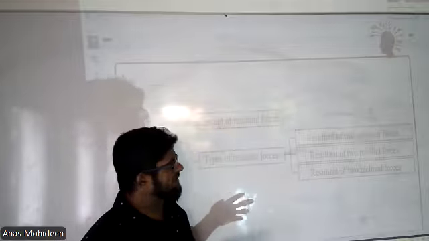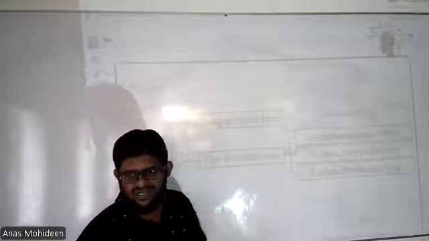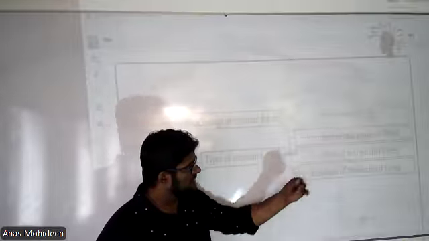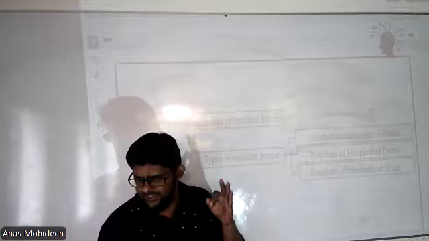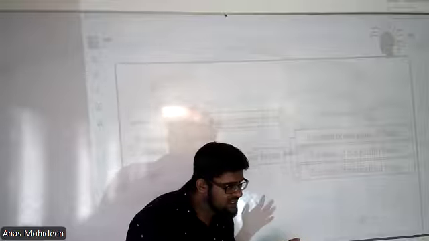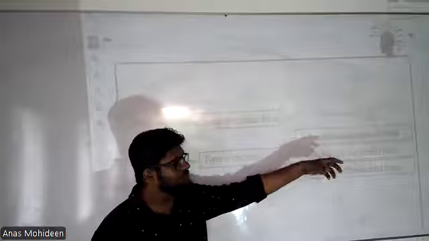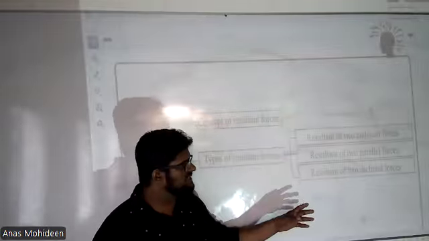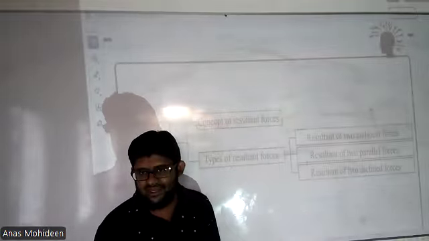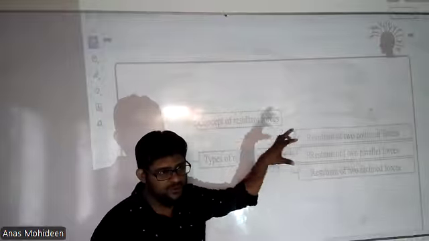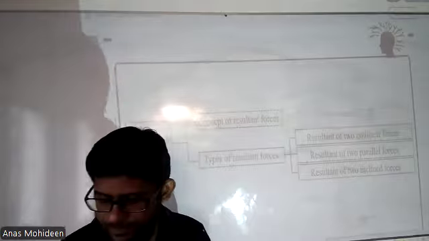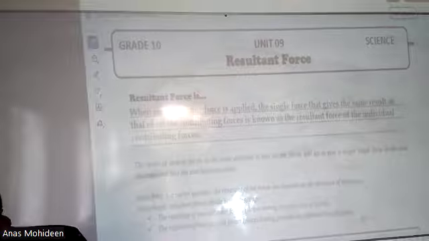Types of resultant: collinear forces, parallel forces, and inclined forces. Three topics we take: resultant of two collinear forces, resultant of two parallel forces, resultant of two inclined forces. So these are the topics you are going to take in resultant. Okay, so let's move into the lesson.